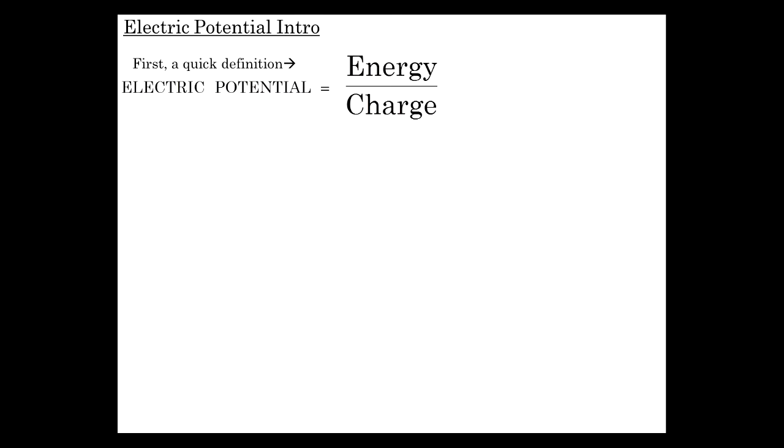Well, let me start by just cutting to the chase and defining what we mean by electric potential. As a definition, it is energy per charge, simply that ratio. Now, energy is obviously related to work, so we can call it work divided by charge as well. Or, a little more precisely, it's the negative change in potential energy divided by the charge.